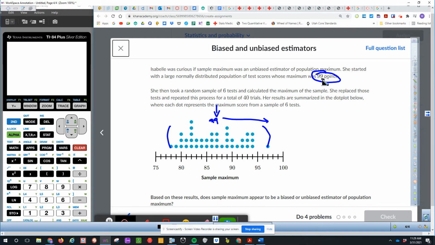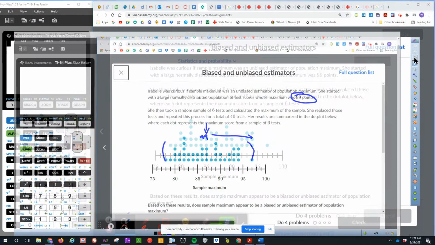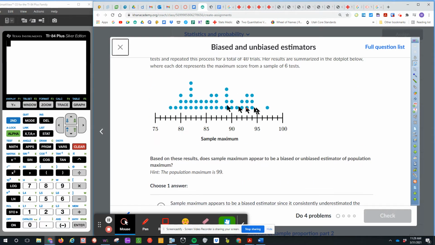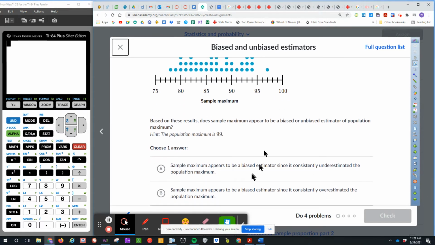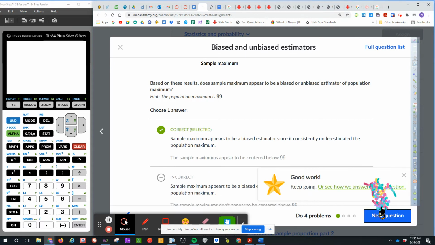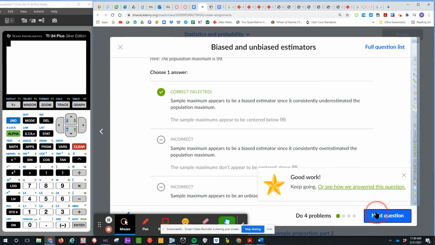But in this case, it's not even close. Based on these results, it's less than 99, so it underestimates the maximum. The sample maximum appears to be a biased estimator since it consistently underestimates the population maximum.